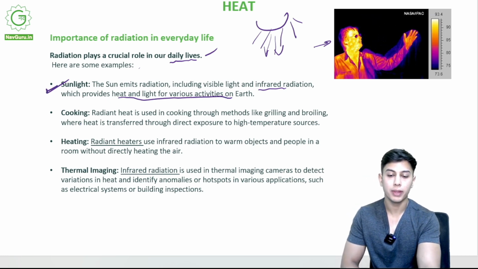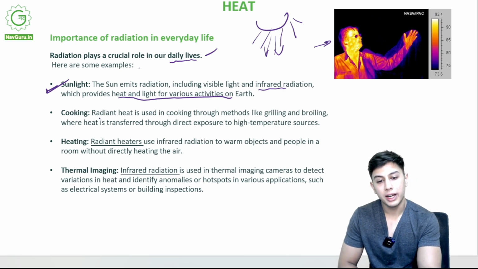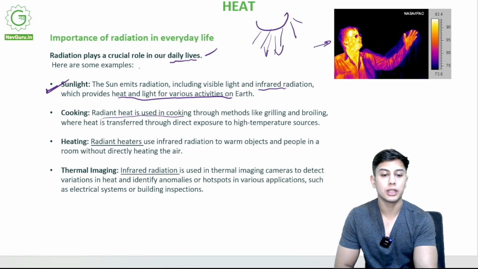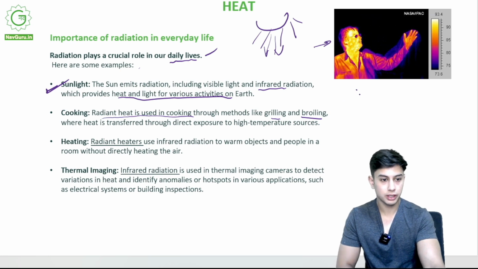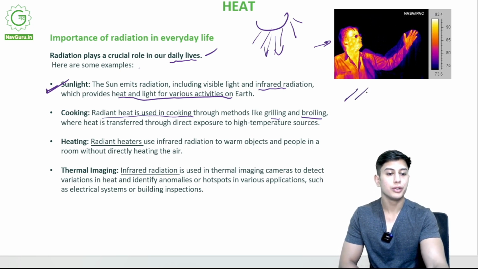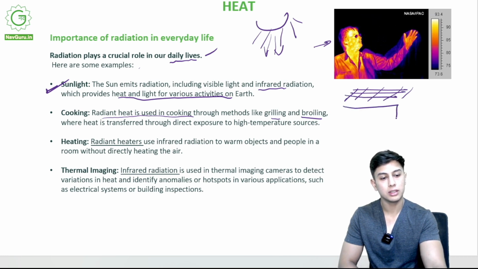That is sunlight. Cooking. What is cooking? Alright, radiant heat is used in cooking through methods like grilling and broiling, okay. So if you've seen a tandoor or a griller, you have this chhanni over some tandoor which has coal in it, and this is hot, but this is not attached to the coal, okay.